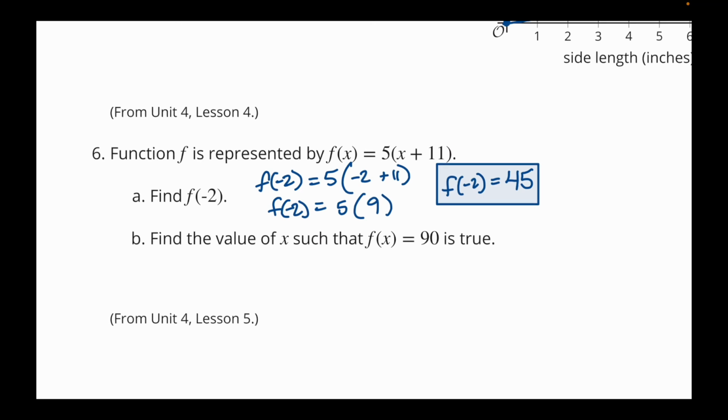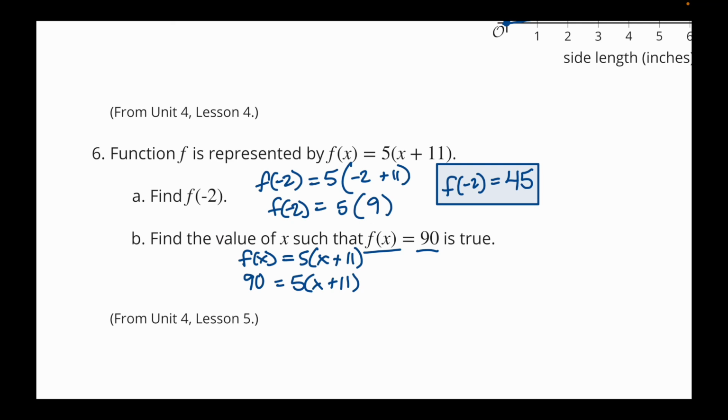So in that case, instead of f of x, we're going to put 90. So when we say f of x equals 5 times x plus 11, we're really saying we want 90 to be equal to 5 times x plus 11. And now we're solving for x. So we can either distribute this 5 or divide both sides by 5.